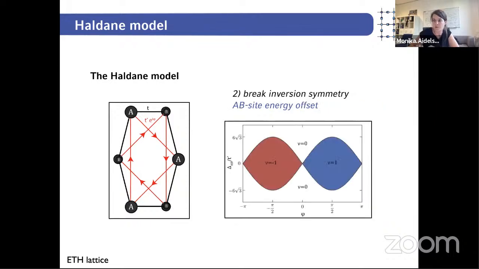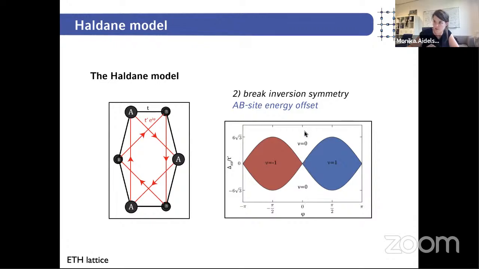And this leads to the phase diagram for the Haldane model, where you see the different topological phases. Along the horizontal axis, you see the phase of the complex next nearest neighbor hopping, which here is now a different phi. And delta AB is the sublattice energy offset between A and B sites. If you don't break time reversal symmetry, we stay here at phi equal to 0.